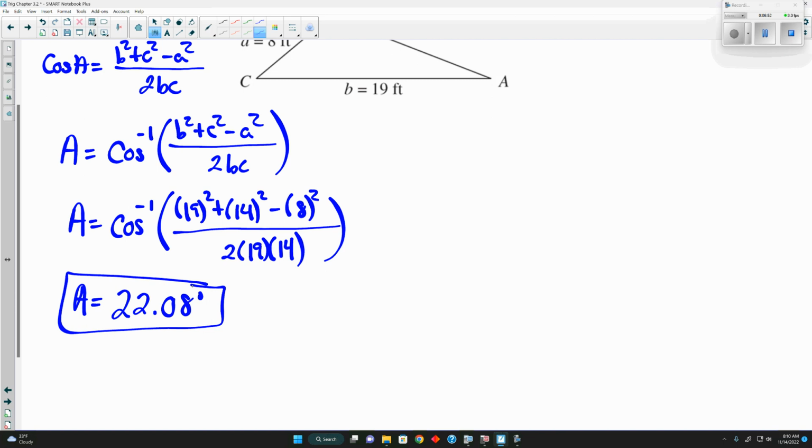Well, now we can move on to angle B. Because B is equal to cosine inverse of a squared, so 8 squared, plus c squared, which is our 14 squared, minus b squared, which is our 19 squared, over 2 times 8 times 14.